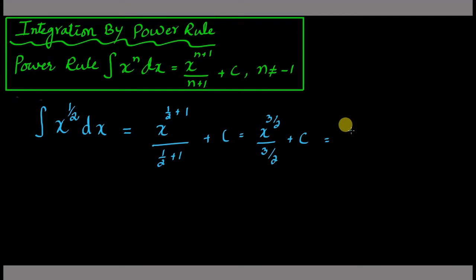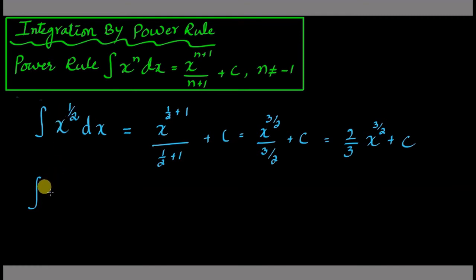After some simplification you will get 2 by 3 x raised to power 3 by 2 plus c. So this is the final answer for x raised to power 1 by 2. It means you can use rational power as well, even this is a positive rational.